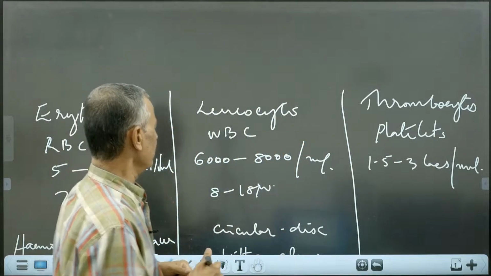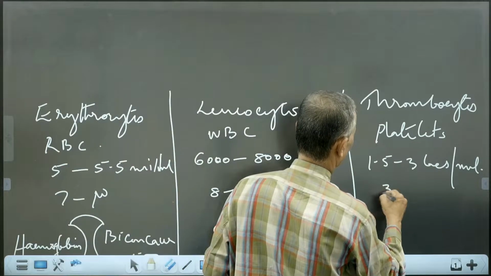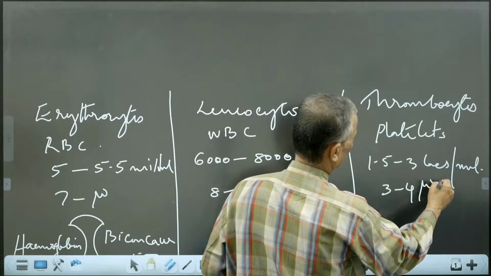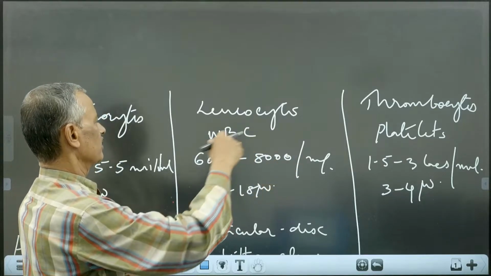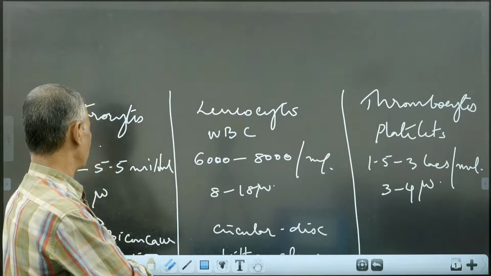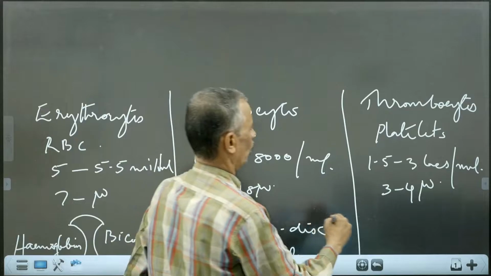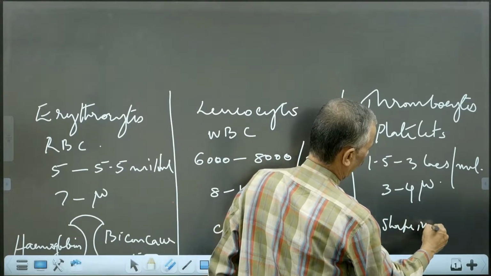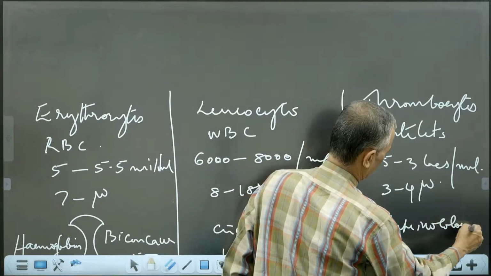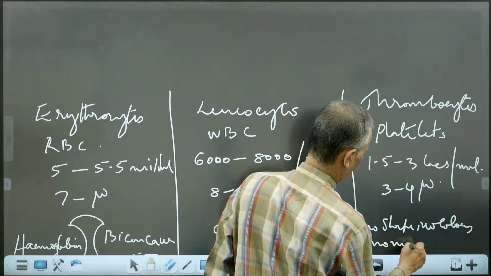And usually their size will be 3 to 4 mu. So they are the smallest in size among all the three types of blood cells. So no shape, no color, no nucleus.